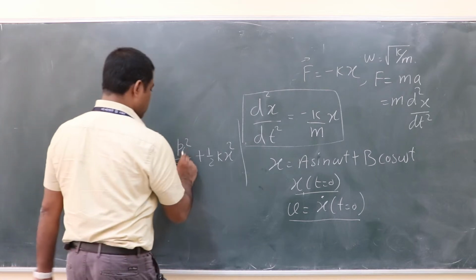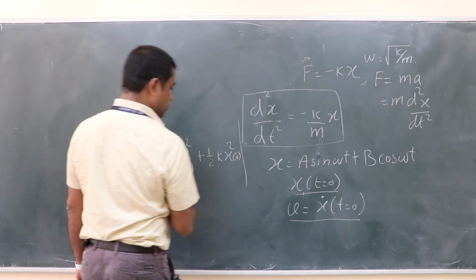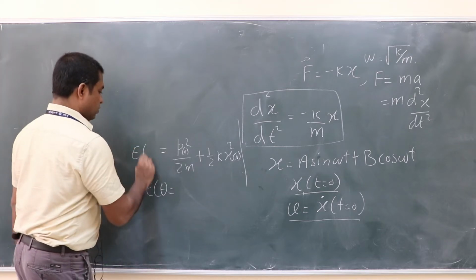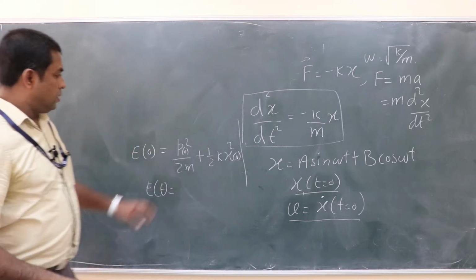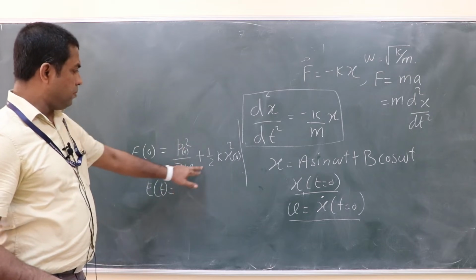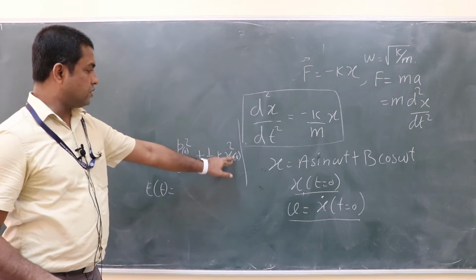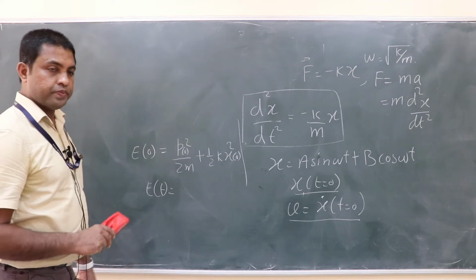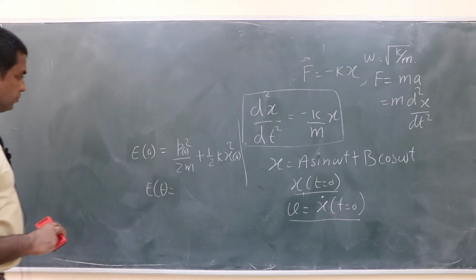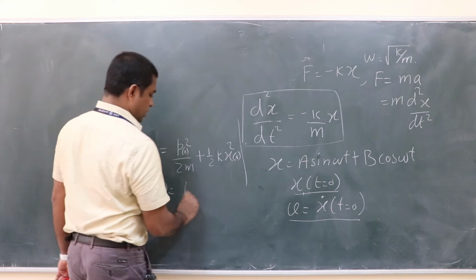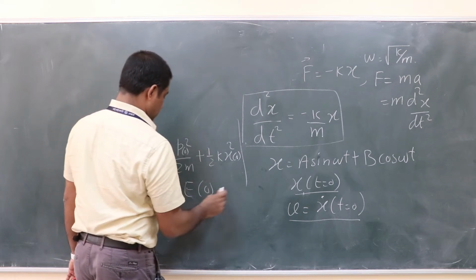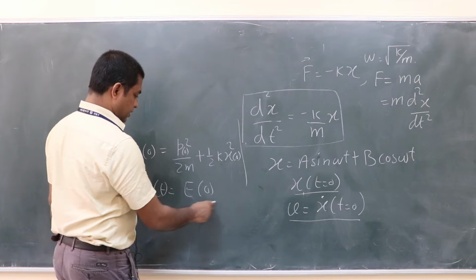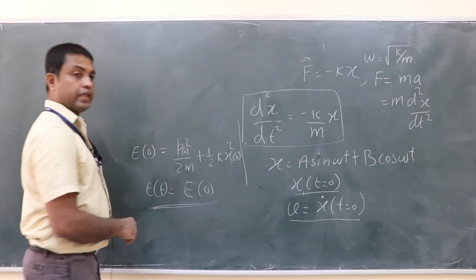So take p at 0 and x at 0. The energy at time t equal to 0 is p at 0 square divided by 2m plus half k x at 0 square. So what will E of t be equal to? E of 0. Because it is a time independent Hamiltonian and a conservative system, the energy is constant. So E of t equals E of 0.